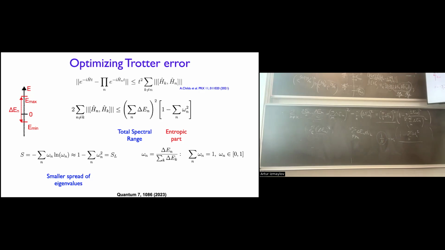So generally we would like that thing to be as small as possible. Smallest spread of eigenvalues is good for that. And non-uniform distribution is good for the entropic part, right? Because the equal distribution makes the entropy go up.